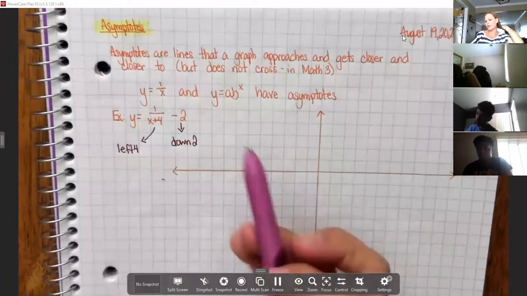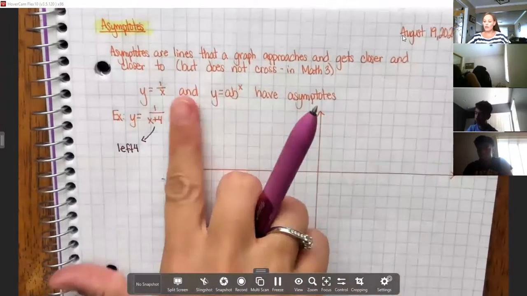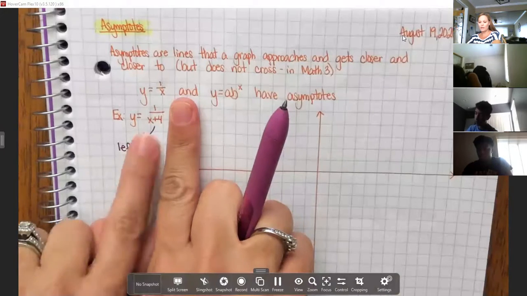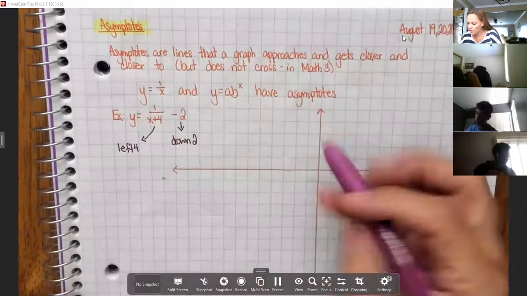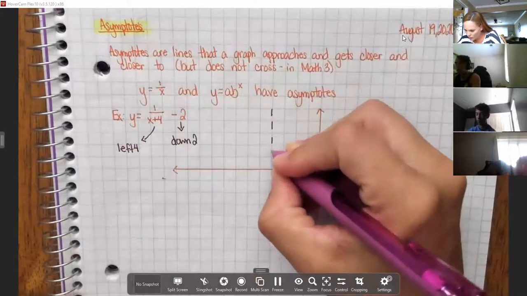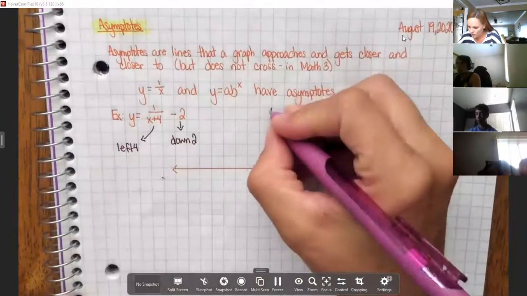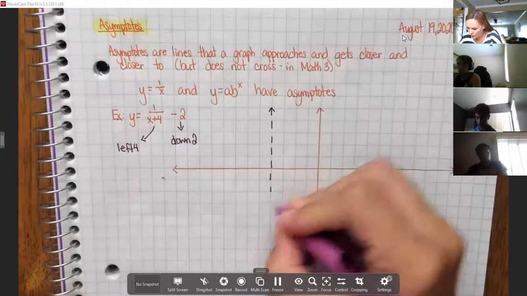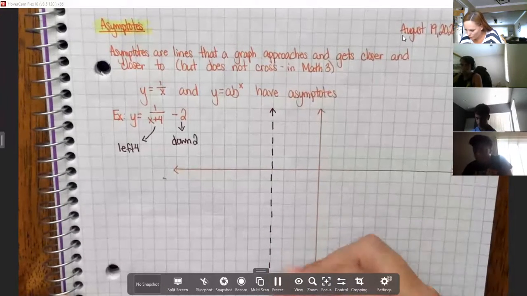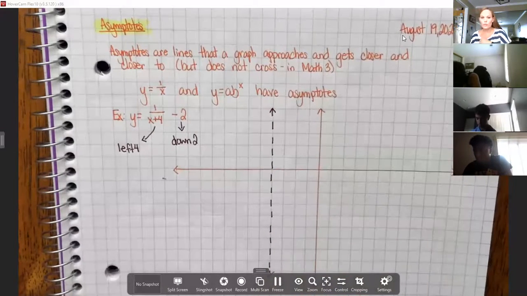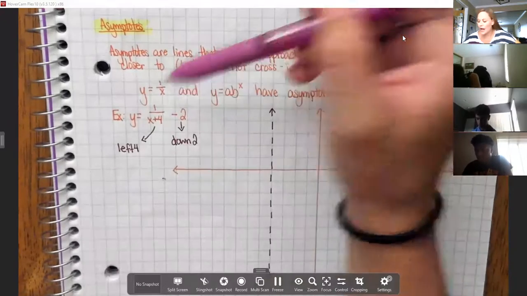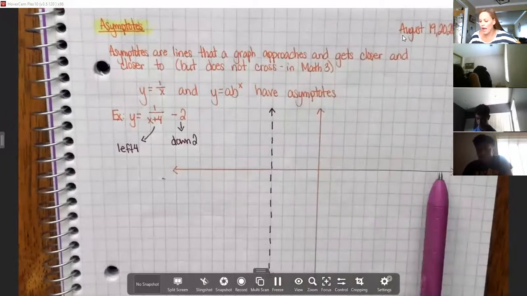And I don't expect you to necessarily have this memorized. Hopefully you understand this part, that the asymptote is at -4. So 1, 2, 3, 4. So remember, 1 over x has asymptotes at both of the axes.